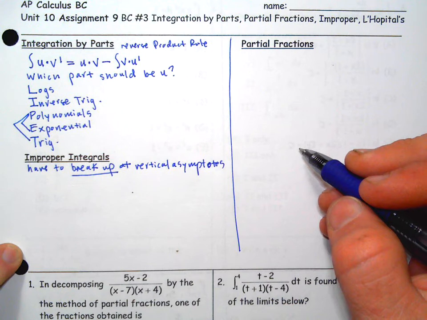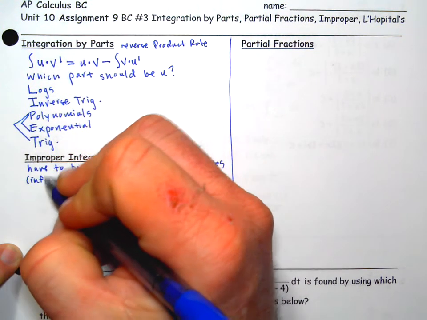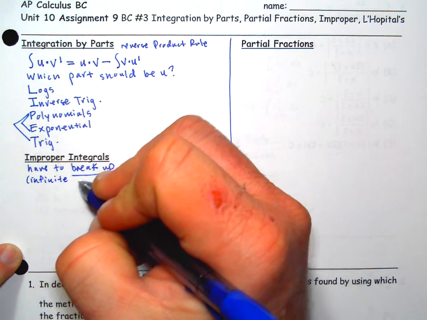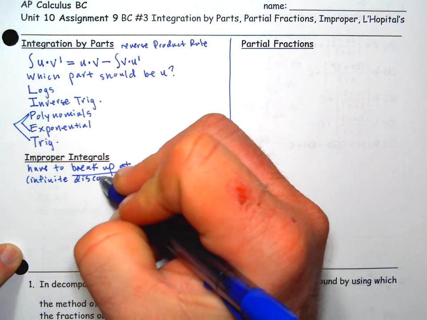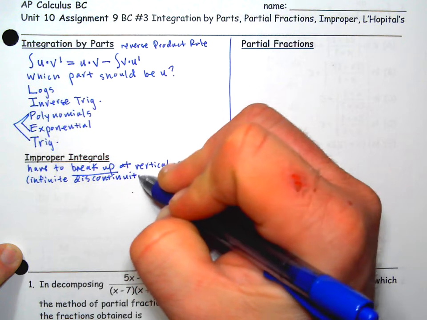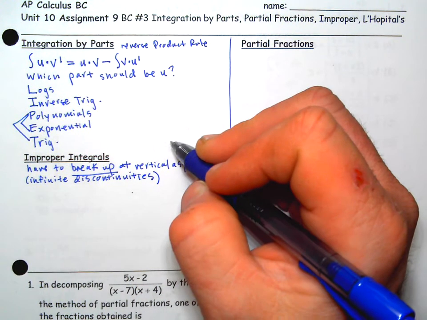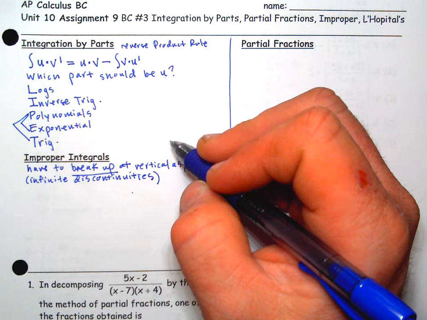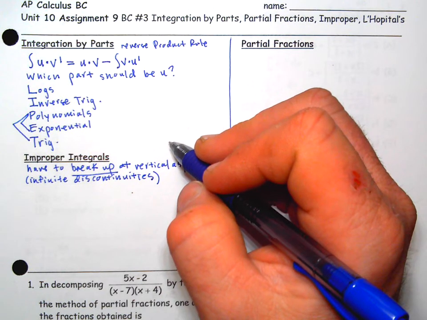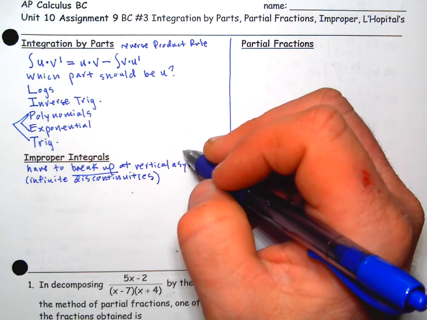You have to break up at the vertical asymptotes, whose technical name is infinite discontinuities. If you have a vertical asymptote in the middle of what you're integrating, technically it blows up and you have to deal with it as a limit, because that value is not actually defined. So you can't just integrate and pretend it's part of the function. You have to break it up.